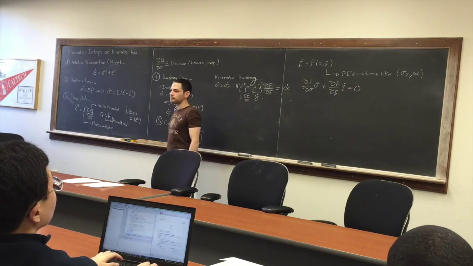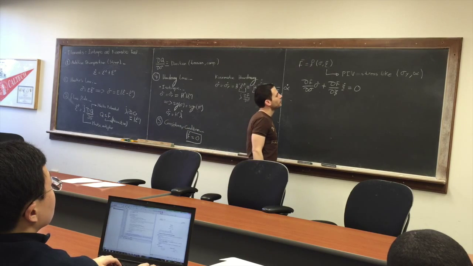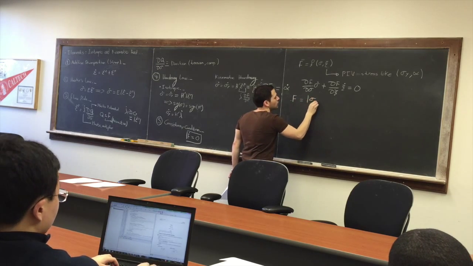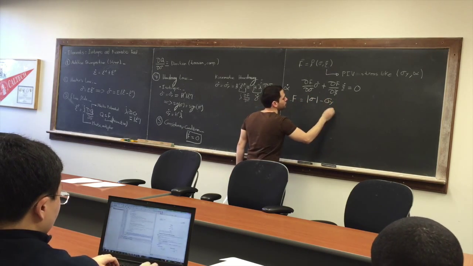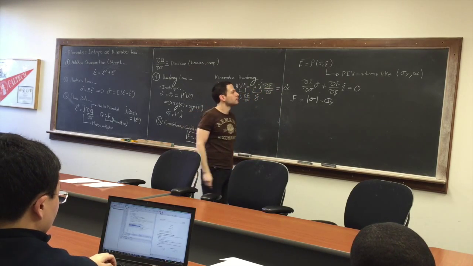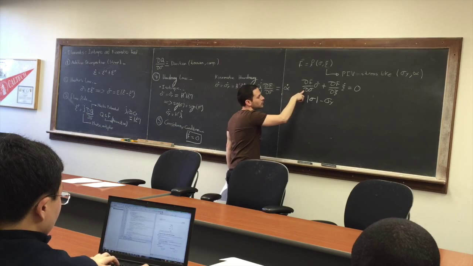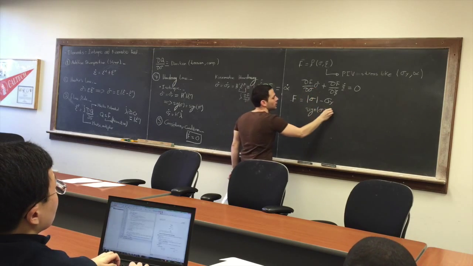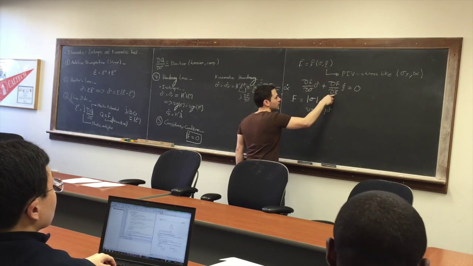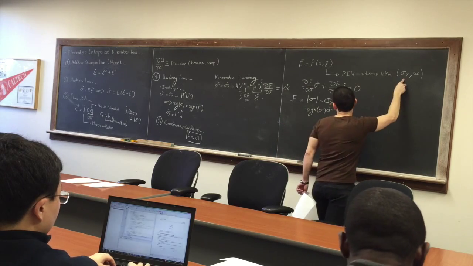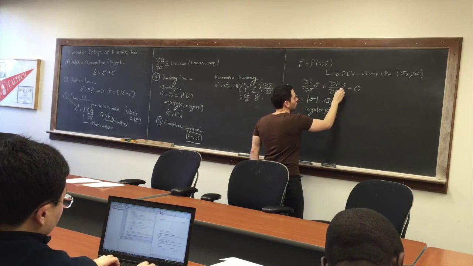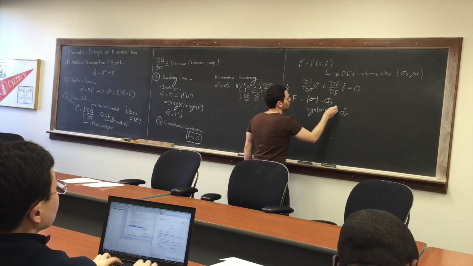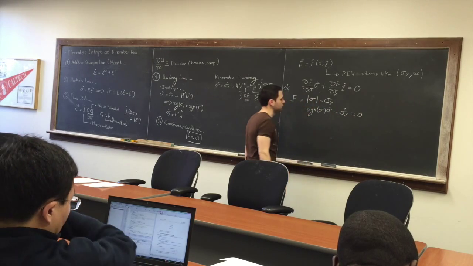So for instance, for isotropic hardening, we know that F is equal to the absolute value of sigma minus sigma y, right? So the derivative with respect to sigma will be the sign of sigma times sigma dot, and the derivative with respect to C, which in this case is sigma y, will be minus 1 times sigma y dot. This is equal to 0.